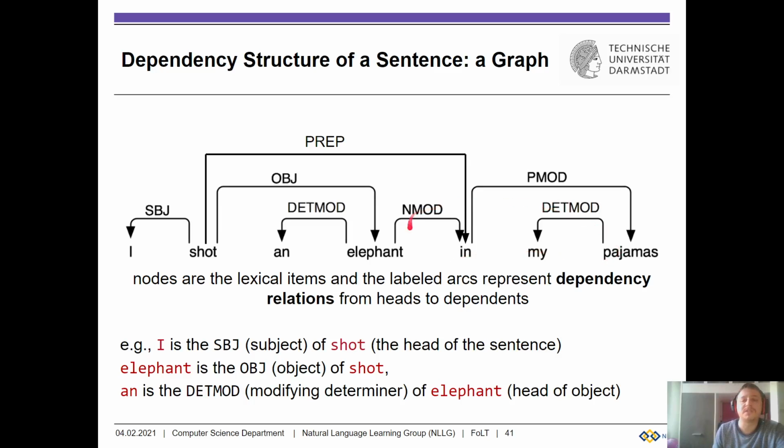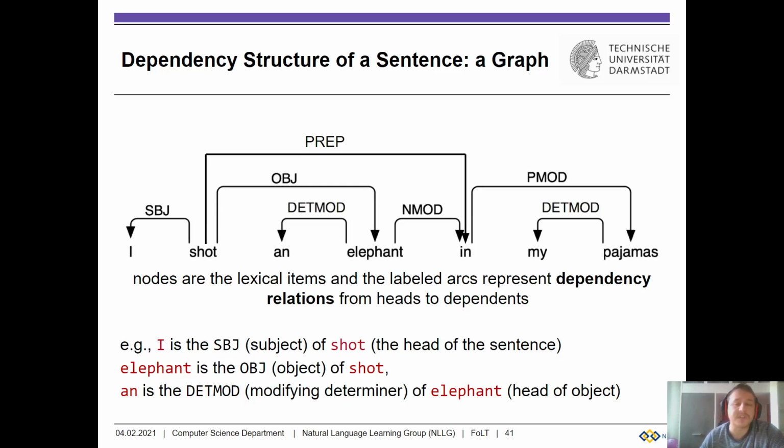So for which there is no direct or indirect relationship, we do not find something like this. And also, it is acyclic. And acyclic just means if something is governing something else, the something else cannot also govern the original word, right? So if shooting governs the preposition, then the preposition cannot govern the shooting. So that's what acyclic is meaning.